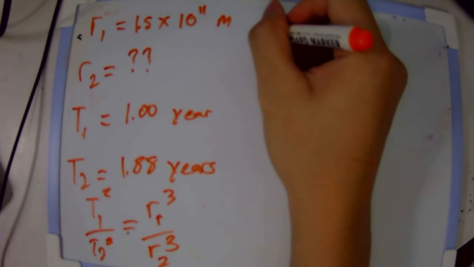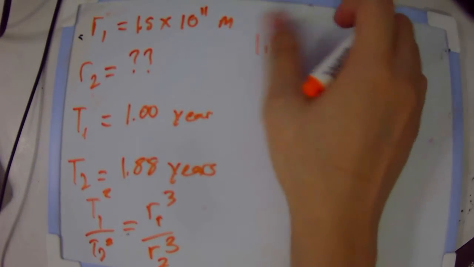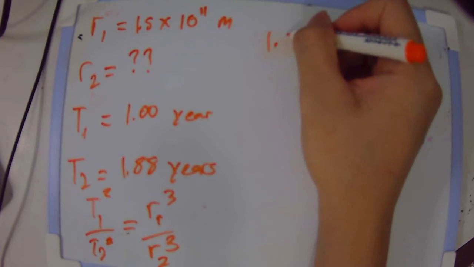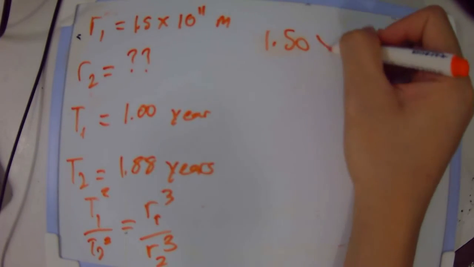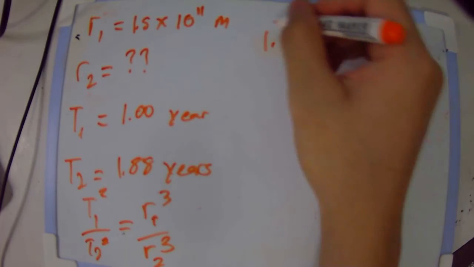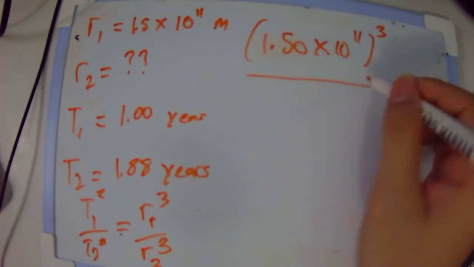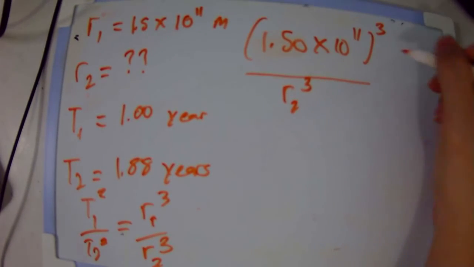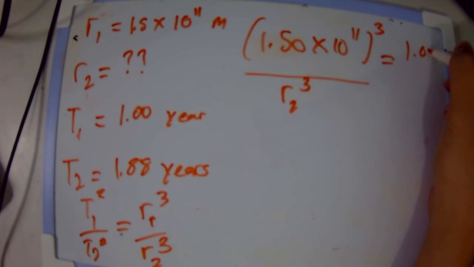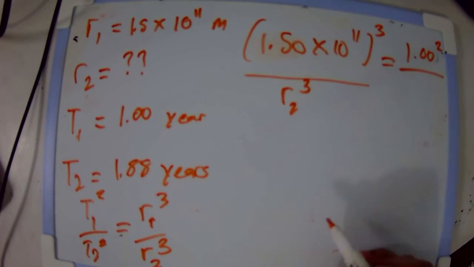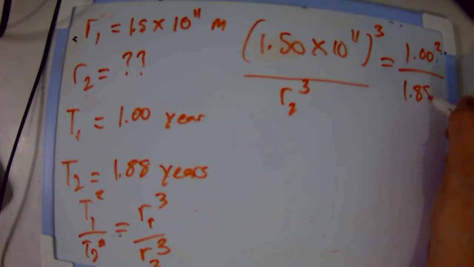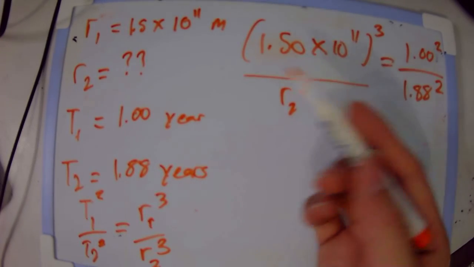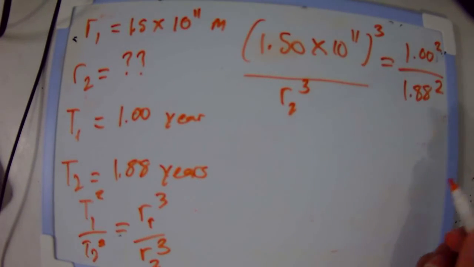So 1.5 times 10 to the power of 11, cubed, remember it's cubed, over R2 cubed, R2 because we don't know how much it is, equals 1 squared over 1.88 squared.